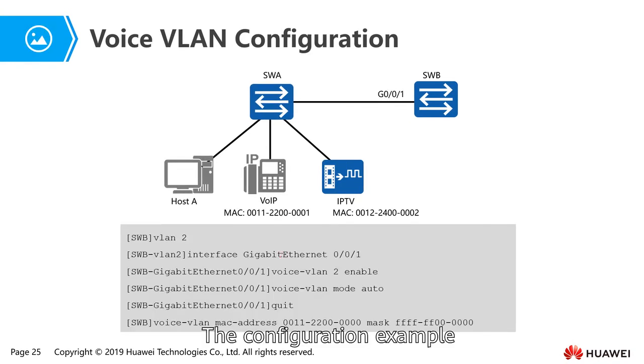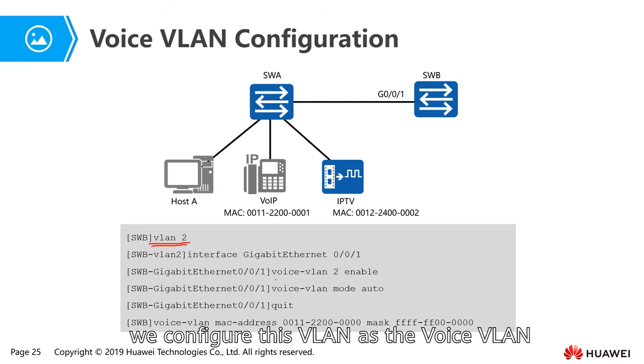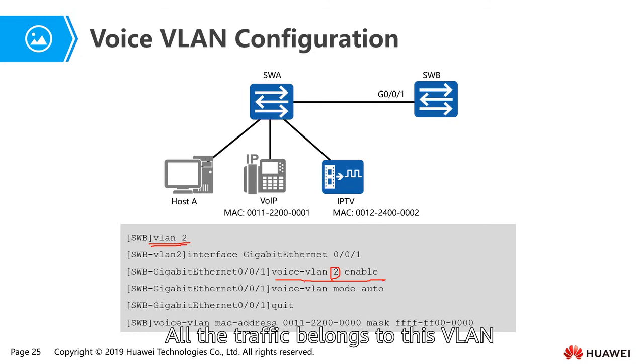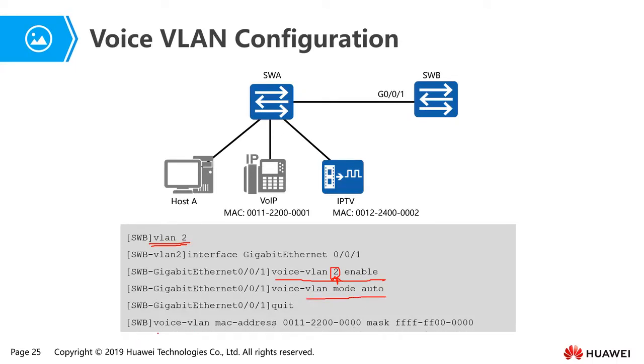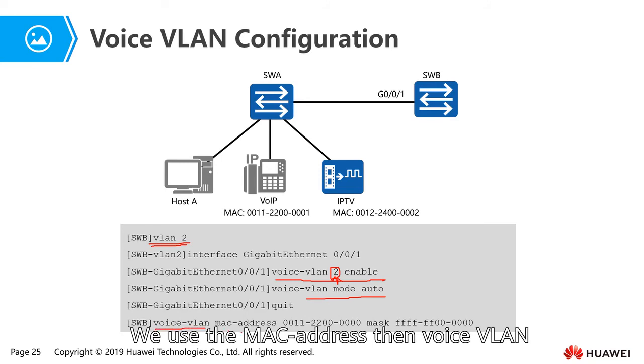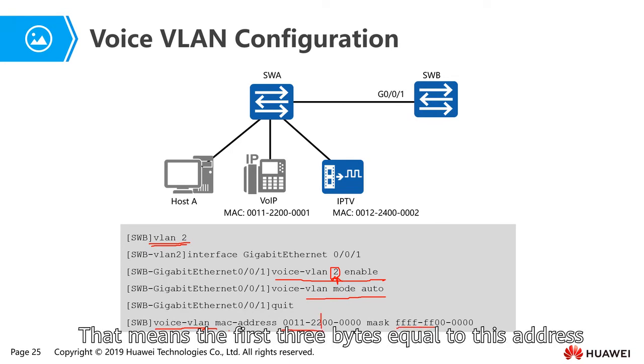In the configuration example of the voice VLAN, first we create VLAN 2, and then under the interface we configure this VLAN as the voice VLAN. So all the traffic belonging to this VLAN will have a higher priority. This is the voice VLAN mode, auto mode. Then we use the MAC address for the voice VLAN. This is the MAC address and then the mask, which means the first 3 bytes equal this address.